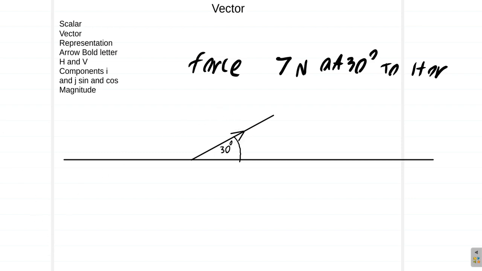So now what you have is 7 newtons acting 30 degrees to the horizontal. Nice. So now, without the horizontal, you have your vector, the arrow, and the labeling, 7 newtons.